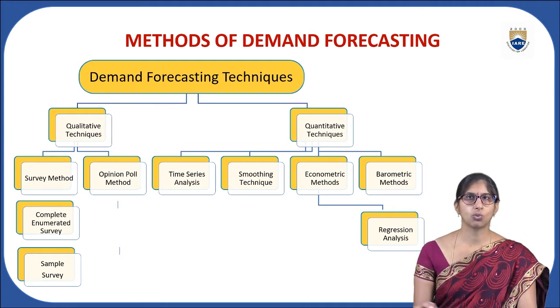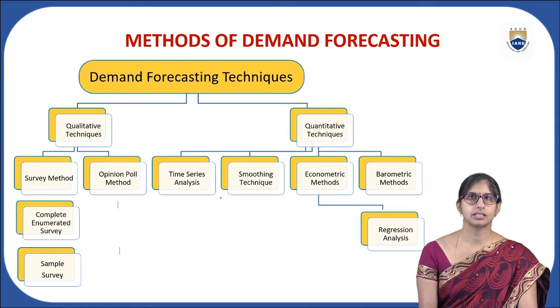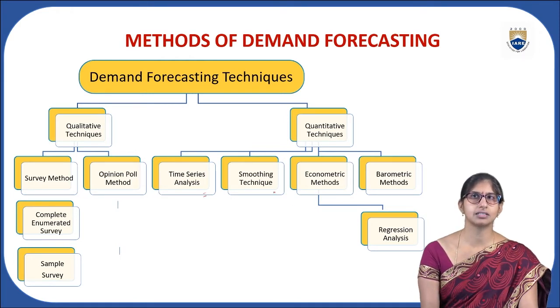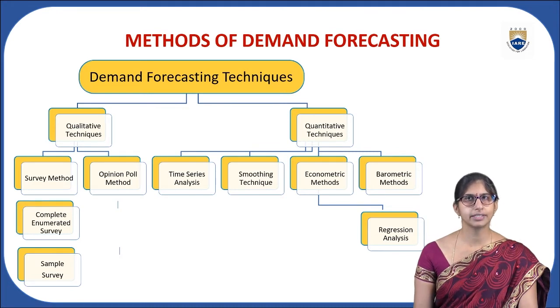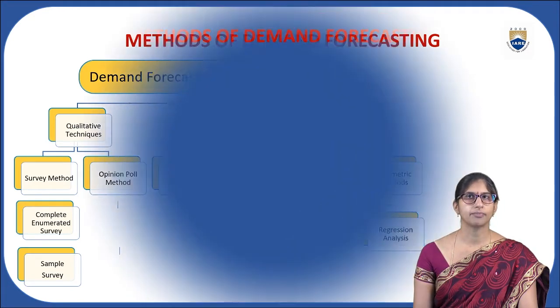And coming to quantitative methods, they are time series analysis, smoothing techniques, econometric methods, regression analysis and barometric methods. So these are the different techniques we have in demand forecasting. Now let's understand them one by one.